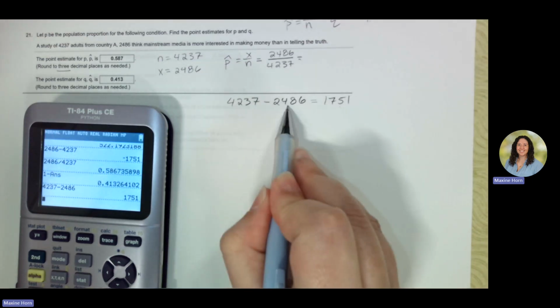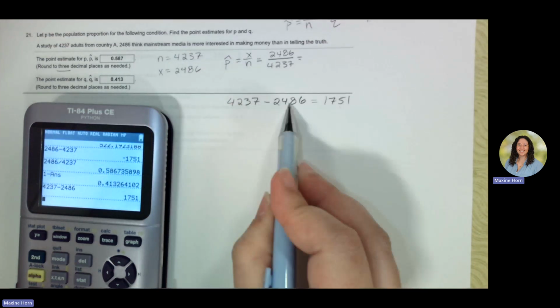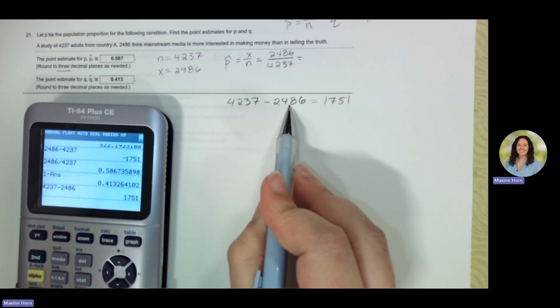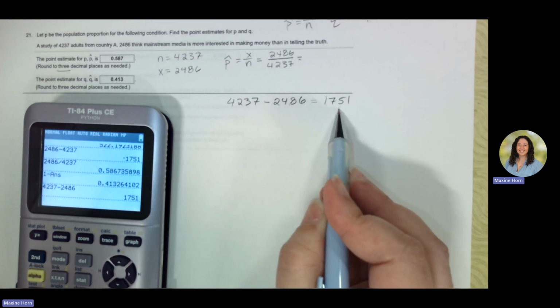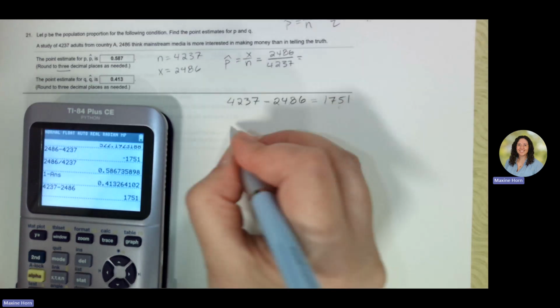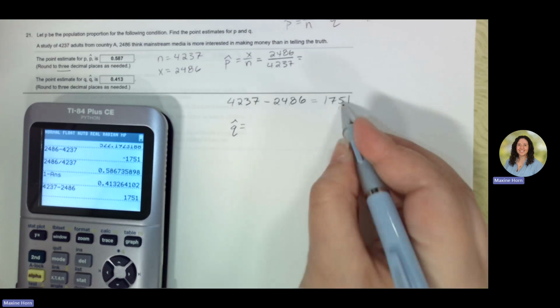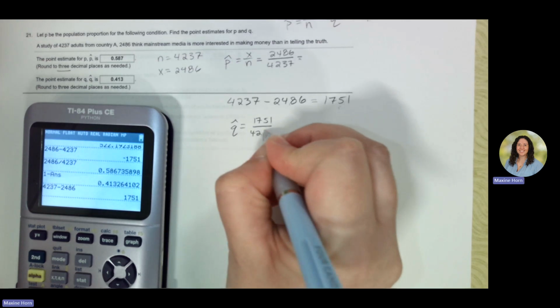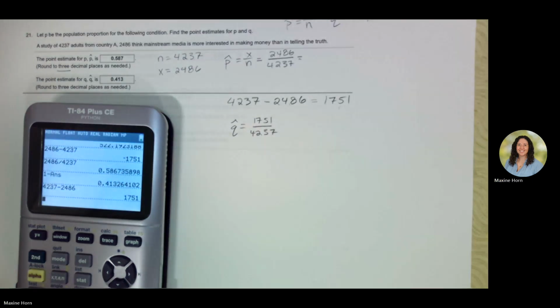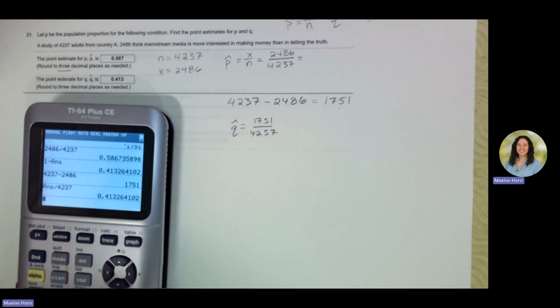So this number of people do think mainstream media is more interested in making money than telling the truth. This is how many people don't think the mainstream media is more interested in making money than telling the truth. And we can prove that to ourselves by saying, okay, our q-hat is going to be that number over our sample, right? So 1751 divided by 4237. And sure enough, we get the same decimal.